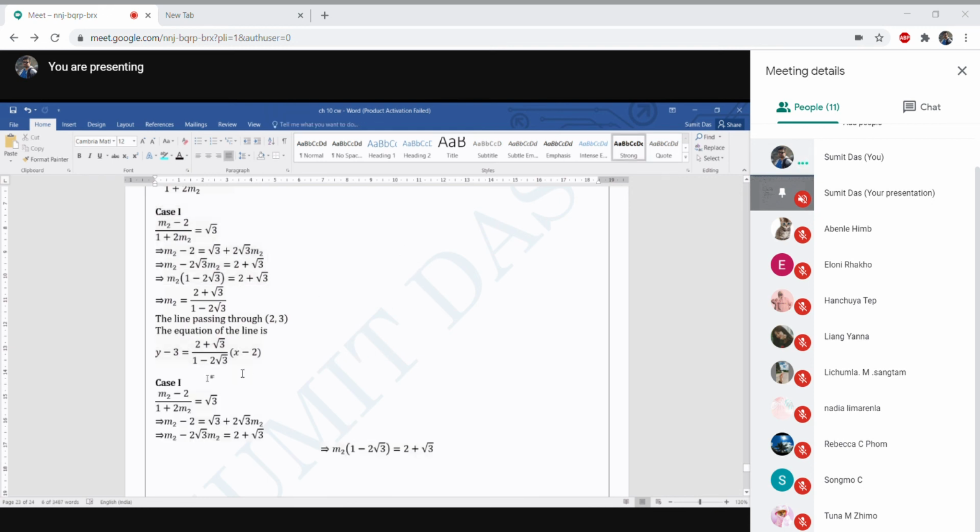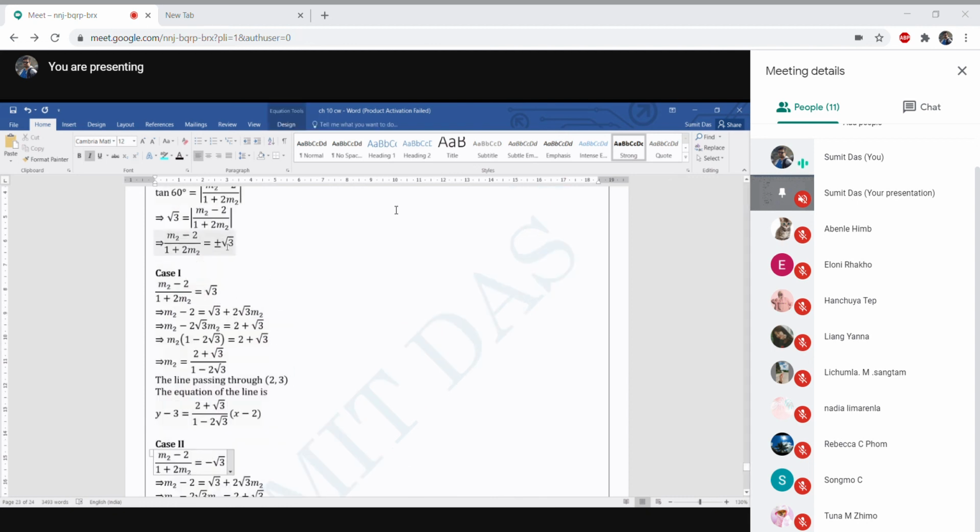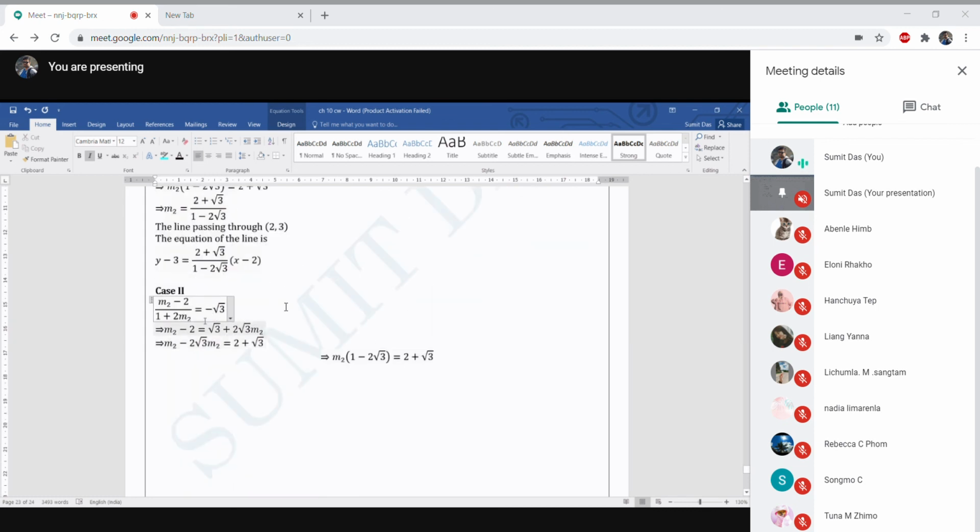Now case 2, what will be case 2? Case 2 is when it is minus, because look here it was plus minus root 3, right? So when it is minus, I'll just make a minor change. Here it will be 2 minus, and here 1 plus.